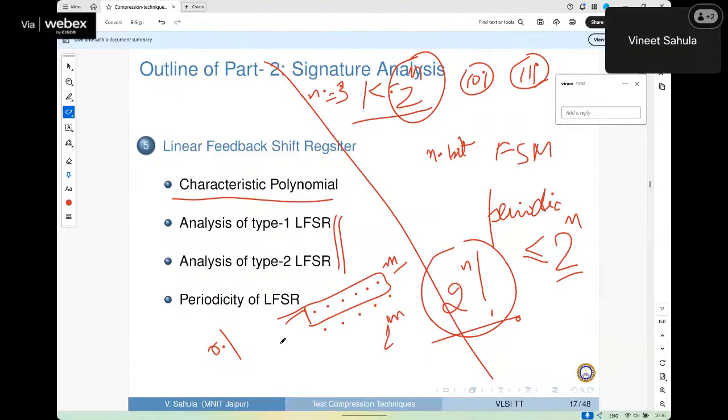Now I have these as sequences varying from 0, 0, 0, 0 to 1, 1, 1, 1. I can take these patterns in any sequence. First 0, 0, 0, 0, then gray sequence or number sequence or many sequences. How many such sequences are there? So I can find out the sequence. For the first place, I can fill with any one of the patterns out of 2 to the power m.